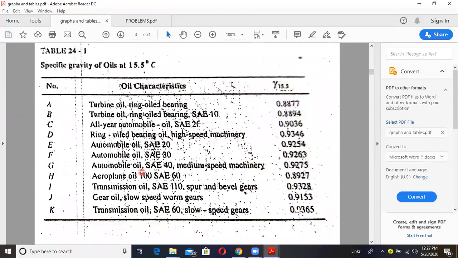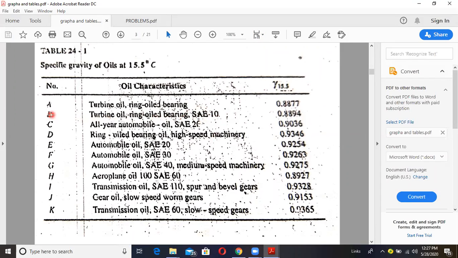Here we have the numbers A, B, C, D up to K, and oil characteristics, we are having different characteristics, and gamma for 15.5 is there. Now in the question they have given SAE 10. You can see here in characteristic where there is SAE 10, in the second row we are having SAE 10. For this SAE 10, we have to note down the number.